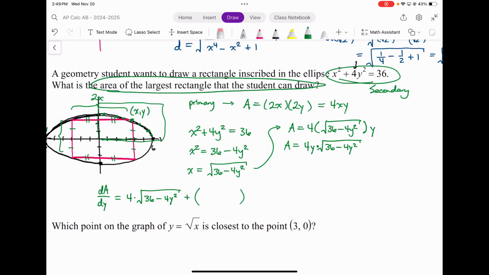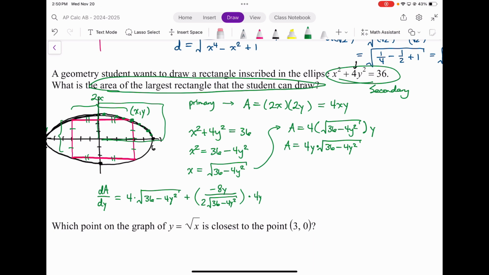So this is going to be negative 8y over 2 square root of 36 minus 4y squared. We're using the chain rule on this, right? That's why the negative 8y comes up top. So I just went ahead and put it in the numerator and did the chain rule properly, and you should see why that's the derivative. And then times 4y.